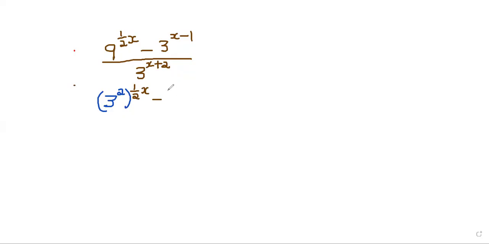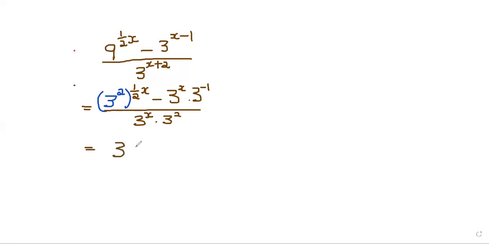I can write it as 3 to the power of x multiplied by 3 to the power of negative 1. Then I'm going to say divide by, then 3 to the power of x plus 2. I can also break it as 3 to the power of x multiplied by 3 to the exponent of 2, right? Then as we continue, I'm going to write the 3.